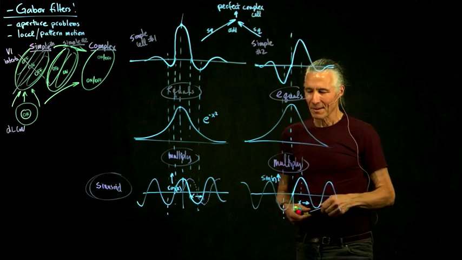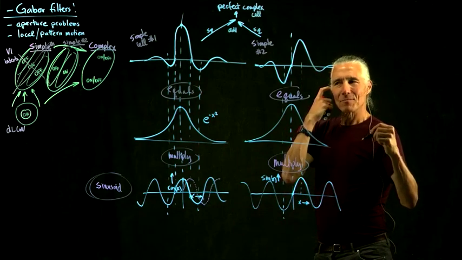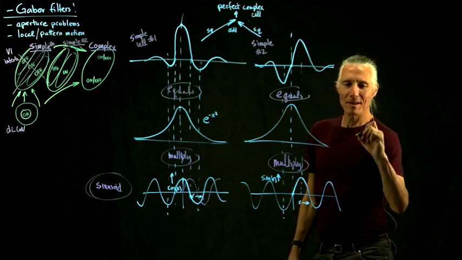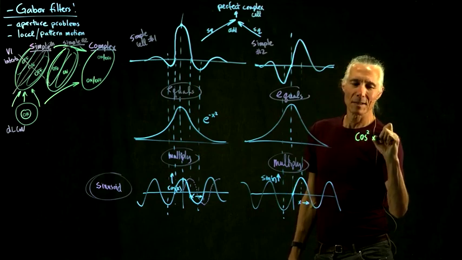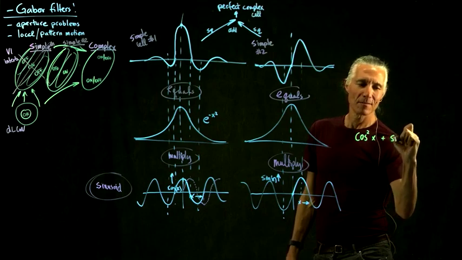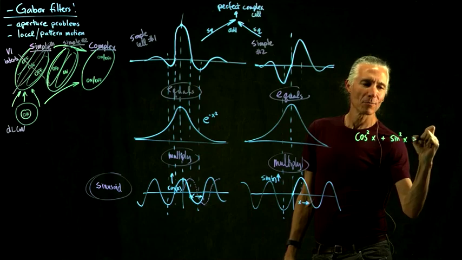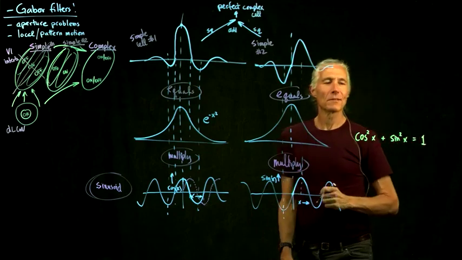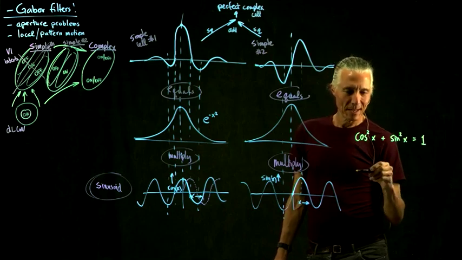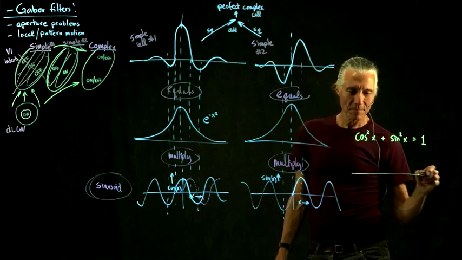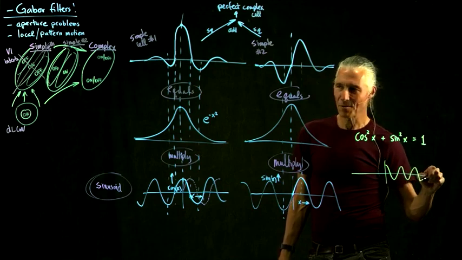So, way back in the day, if you remember doing trigonometric identities, there's a trigonometric identity: cosine squared of something plus sine squared of something equals 1. So what does that mean sort of graph-wise? Well, you take a cosine, then you square it.